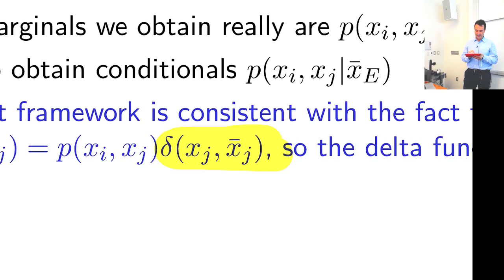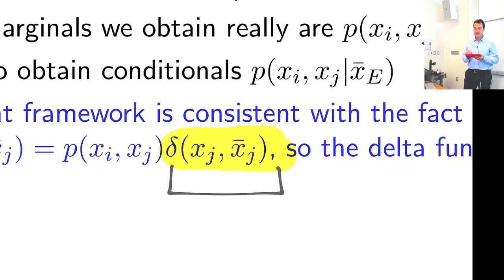Let's write it down: there's xj and xj bar. xj bar is the value of the evidence of xj, and xj is the unclamped variable. What that delta does is annihilate all terms in the sum other than the one that corresponds to xj equaling the evidence value xj bar.